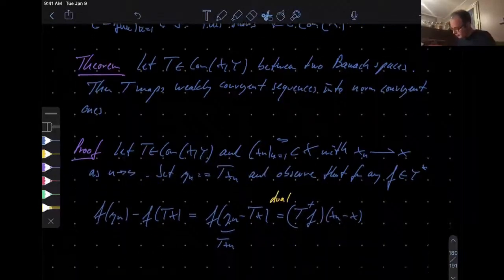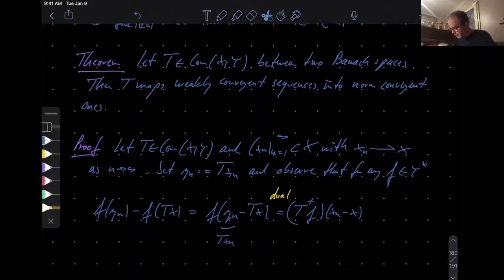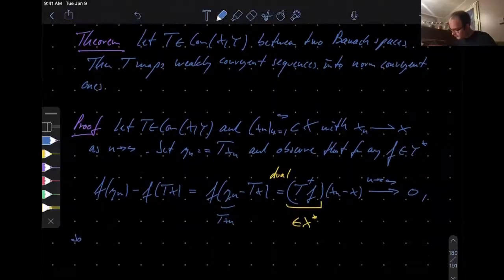Okay, that's what I get from the dual. But now look, what does the dual do? The dual is a map from the dual space of Y to the dual space of X. So in other words, this bracket is a linear functional on X, right? But my sequence is weakly convergent. So that means as n tends to infinity, this goes to 0, right? And since this holds for any linear functional f, this just shows that this sequence y_n converges weakly to T(x).